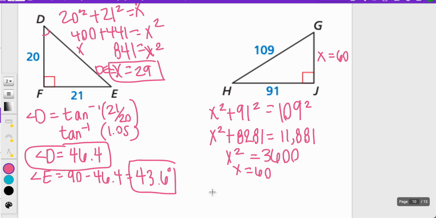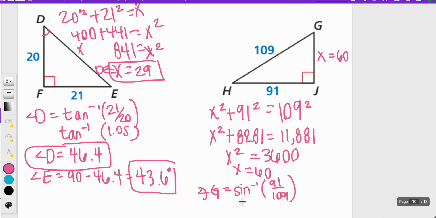So I've got angle G. Let's start with that one. Angle G, my given is opposite over hypotenuse, so that's sine. So I'm going to be finding the inverse of sine when I'm given 91/109. Okay, so 91 divided by 109 gives me an extra long decimal, and then shift inverse sine.